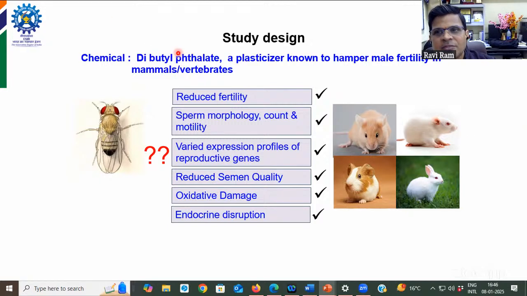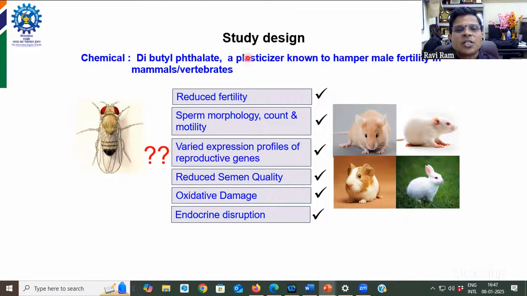This is a class of chemicals. I'm just taking one example, dibutyl phthalate, but phthalate as such is one chemical class which are used as plasticizers to enhance the flexibility of the plastics. But because they get in touch with all kinds of our water, food matrices or whatever it is, they have the tendency to get leached into or released into those matrices through which we get exposed as human beings.